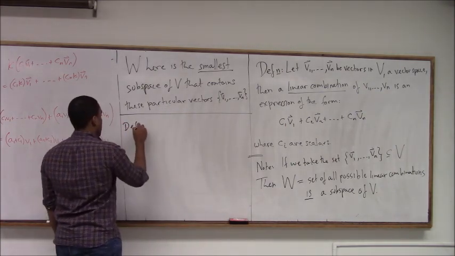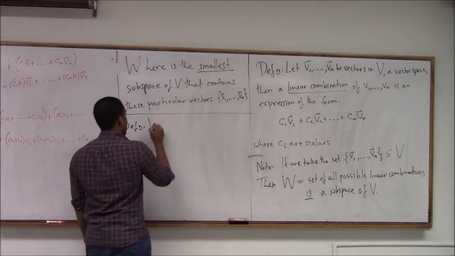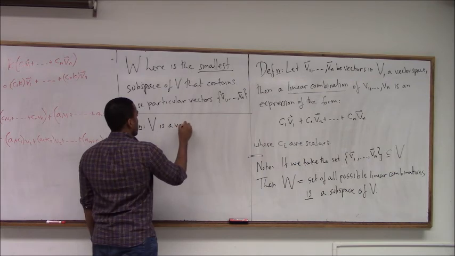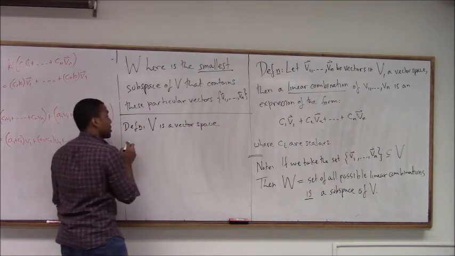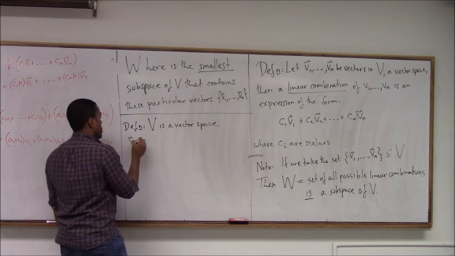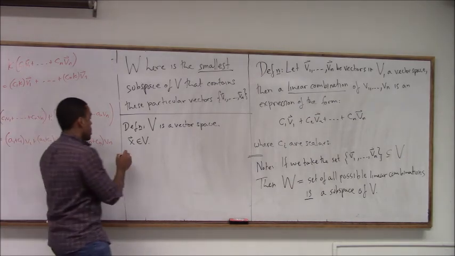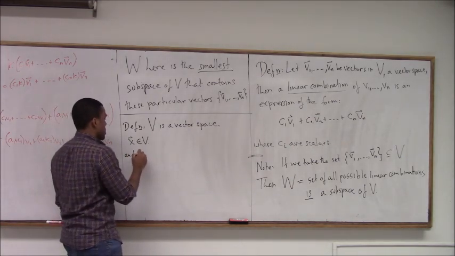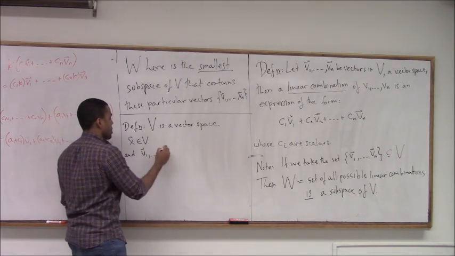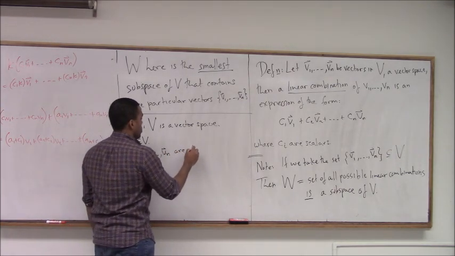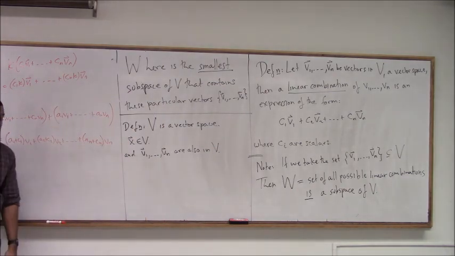Definition. V is a vector space. x is an element of V, so x is a vector, and v1 to vn are also in V. So I take a bunch of vectors, but I'm singling out one of them.